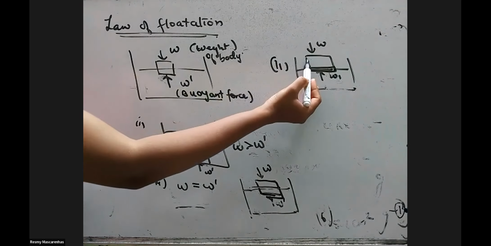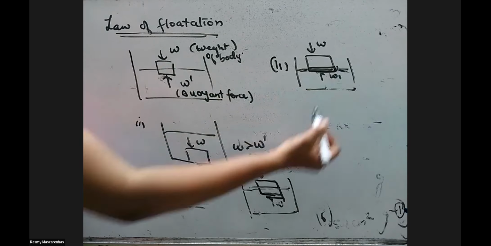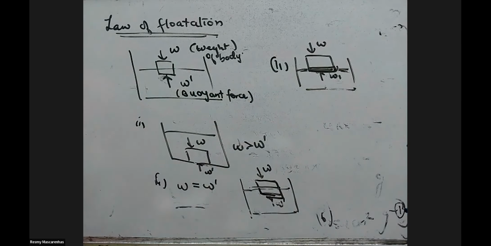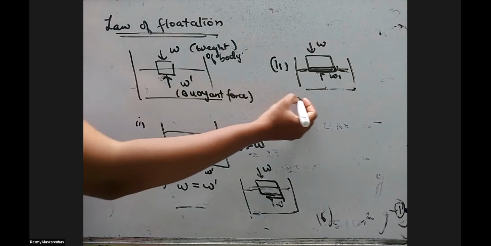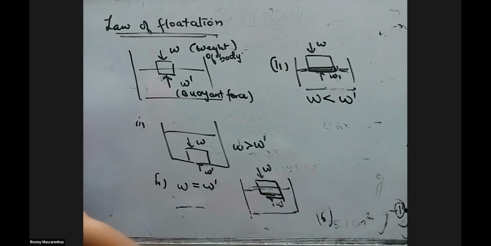Why? Because the weight of this is going to throw the water a little bit out. So slightly it will be inside. What is going to happen? It is less than this.